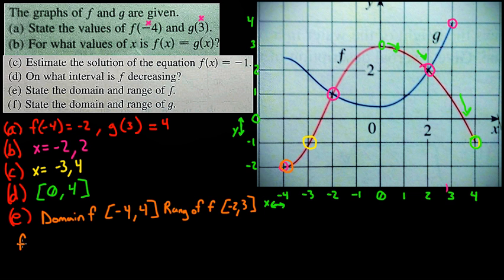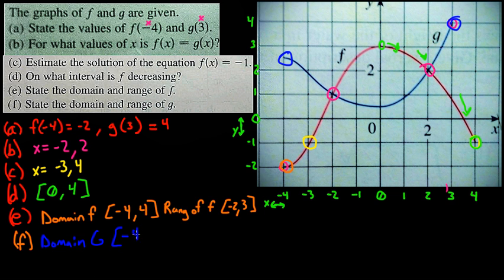Now for the last one. Same thing. State the domain and range of g. So for the domain of g, we've got right here the furthest most point to the left, and the furthest most point to the right. And of course we've got a negative 4 and a positive 3.